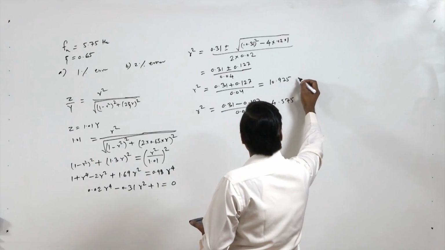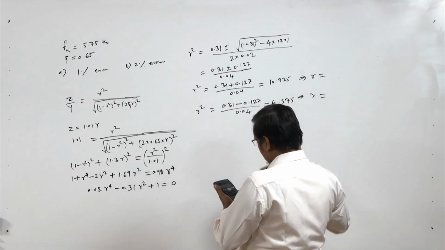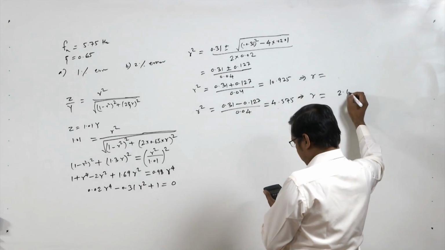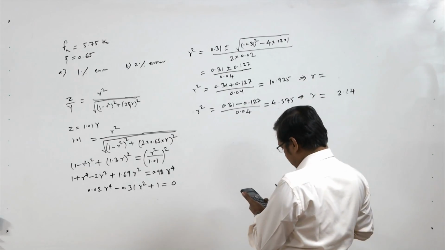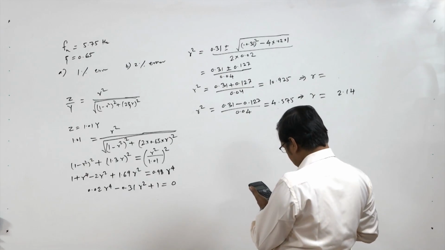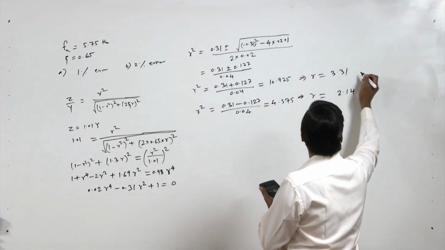If we take the square root, we get r equal to 3.31 and 2.14.